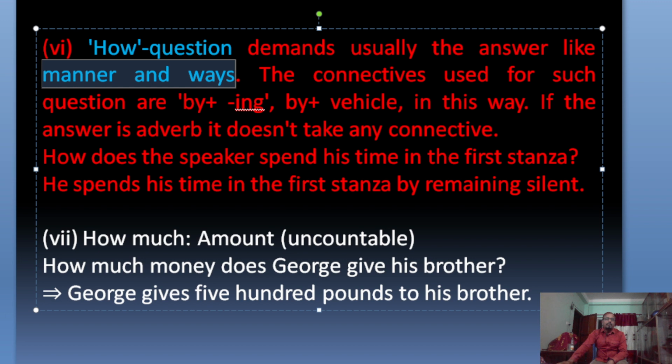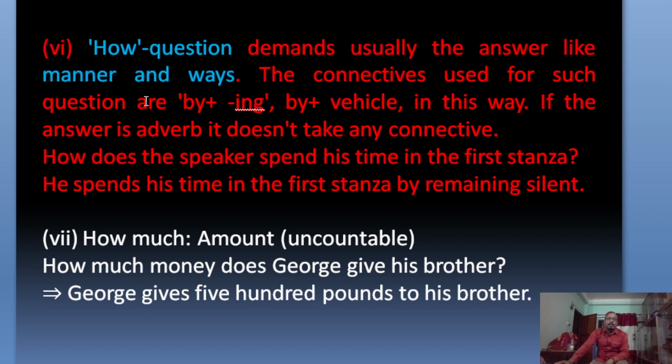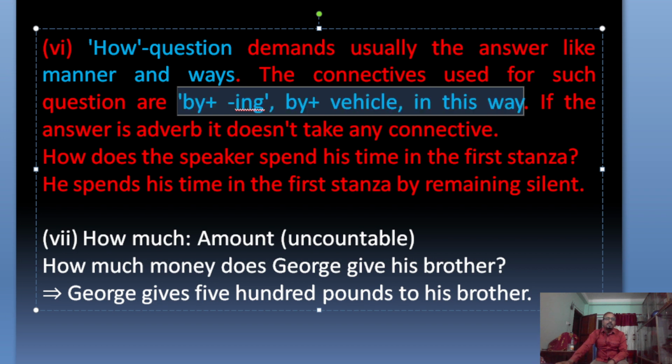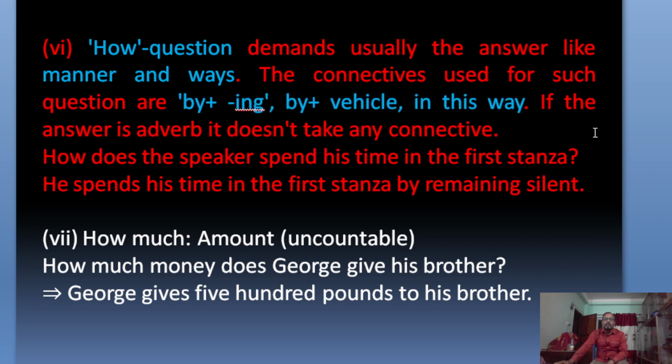So a how question asks the manner and ways. The connectives used for such questions are by plus ing, or by plus vehicle. In this way, we can reply to how questions. If the answer is an adverb, it doesn't take any connective.